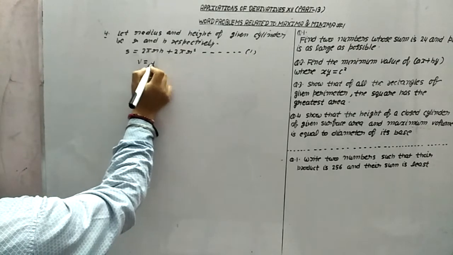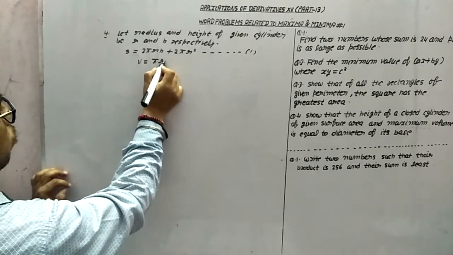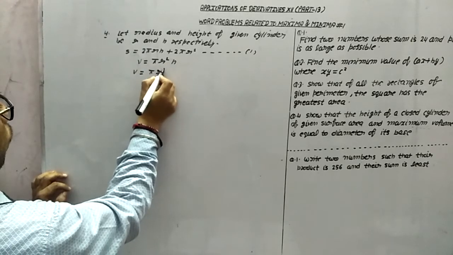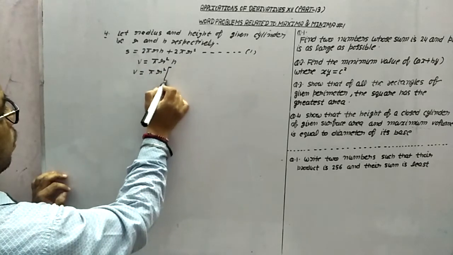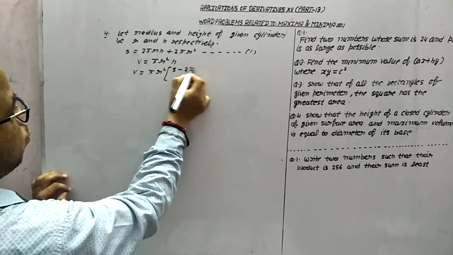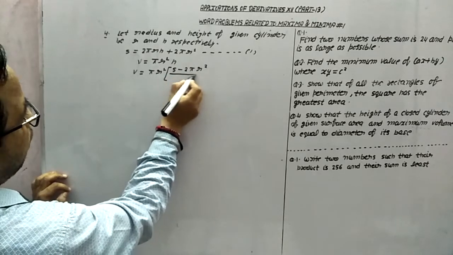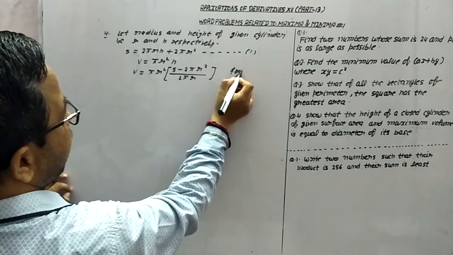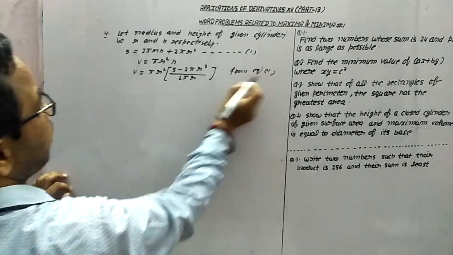Now we have to work with the volume. Volume V is equal to pi r square h. Now we will find the value of h from equation 1: h is (S minus 2 pi r square) upon 2 pi r. We are converting into one variable only.